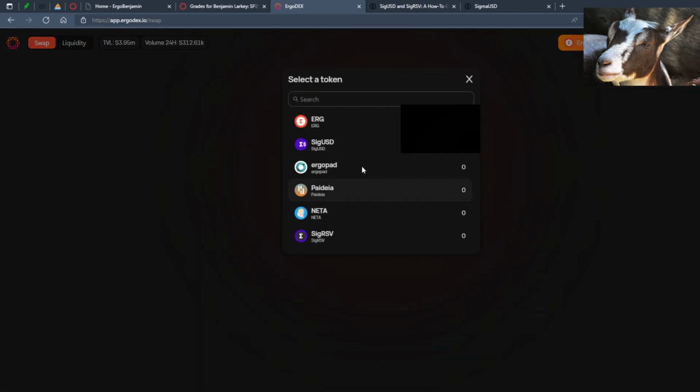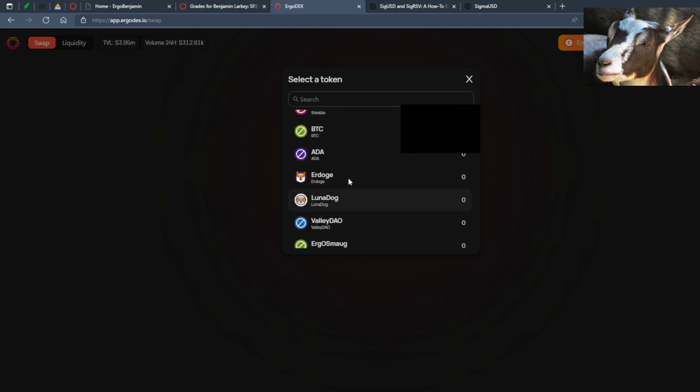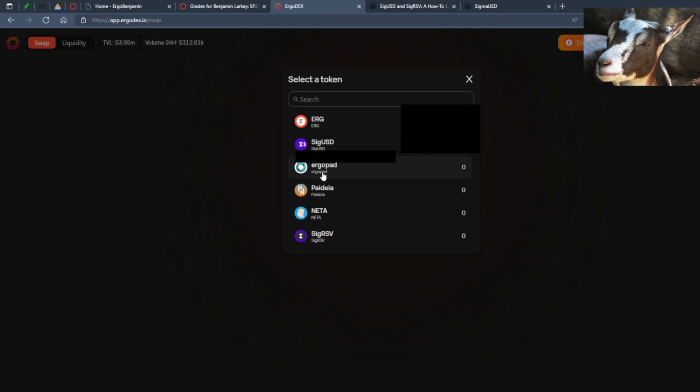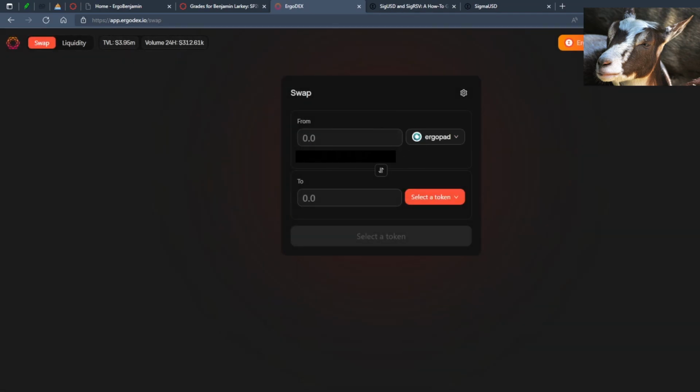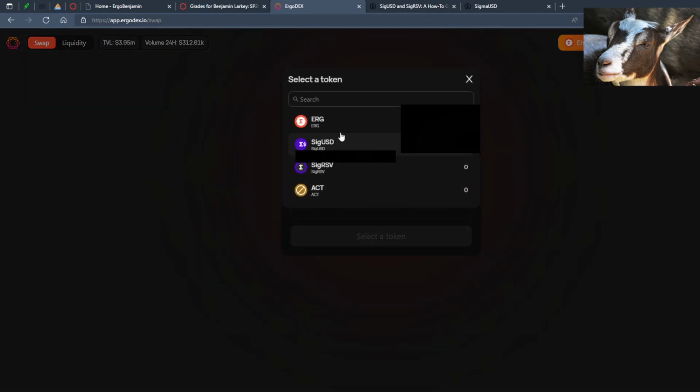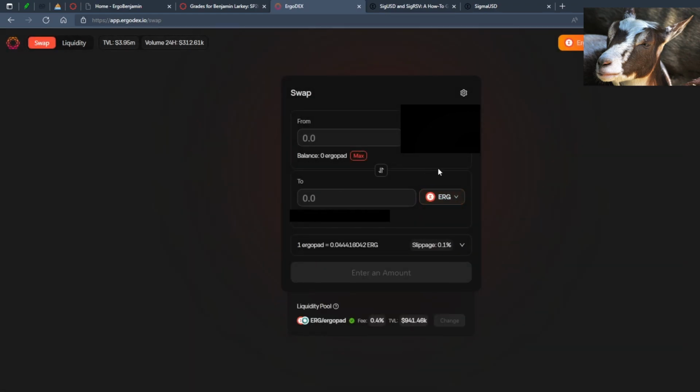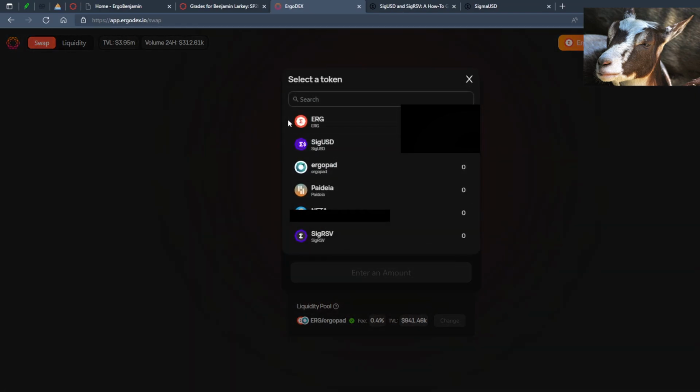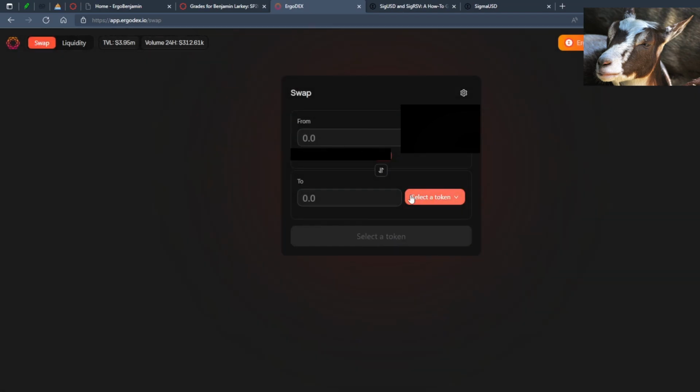You have Erg. You can select a token, obviously, right here that you want to use. Let's say I have ErgoPad, for example. I would take my ErgoPad and select the token, and say that I want to trade it for the optional pairs that I have available. So I'd say I want to trade it for Erg, which is the main token, I guess, if you want to call it.